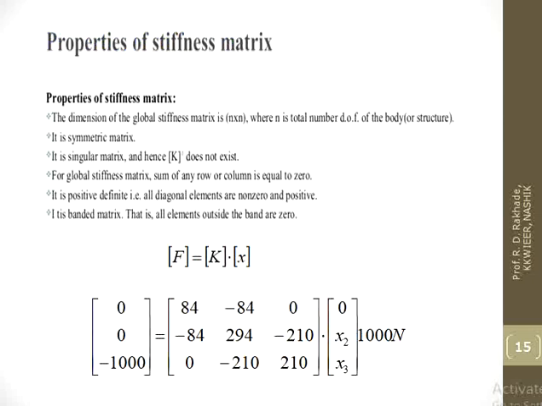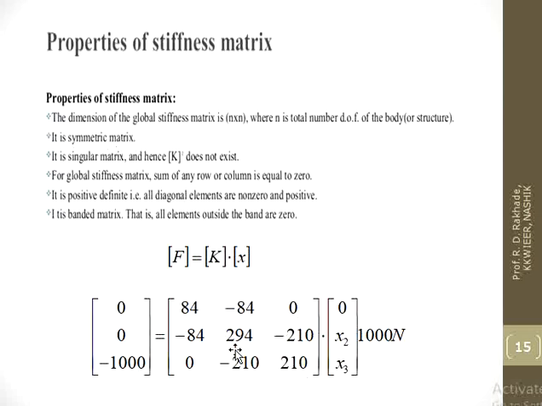Then some properties of the global stiffness matrix. First, the dimension of the global stiffness matrix is n by n. We already discussed, if you have 3 nodes, then the size of the global stiffness matrix is also 3 by 3. It is a symmetric matrix.